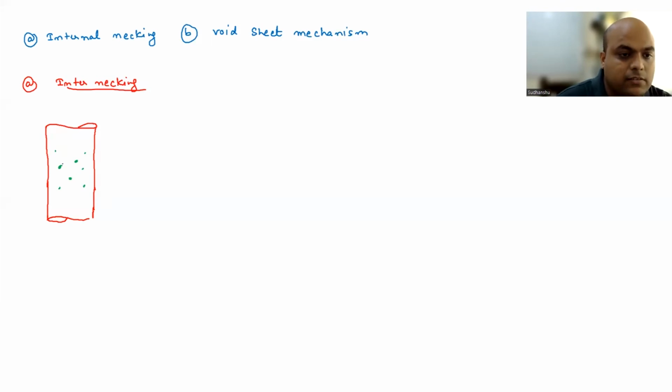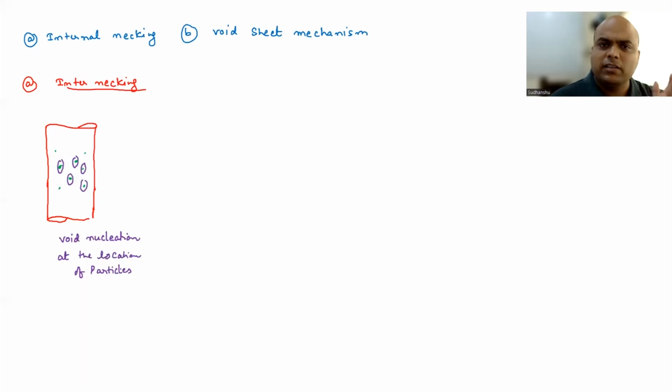So you see voids. I have drawn three voids. You can get multiples, so let me draw multiples. So void nucleation at the location of particles. So either debonding or the fracture of the particles, whatever might be the case, you have nucleated the void, right? Now they will grow.